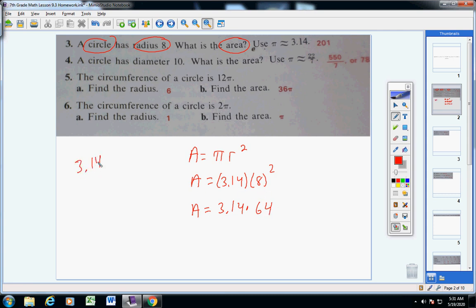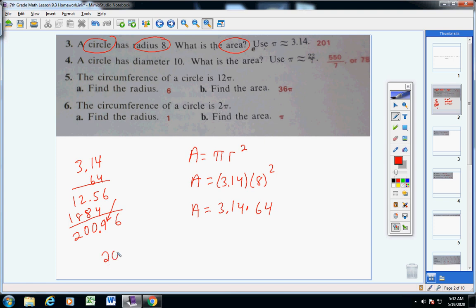And 3.14 times 64 would give me 200.96, and they rounded to the nearest whole number. So this 9 right here tells you to make this 0 1.